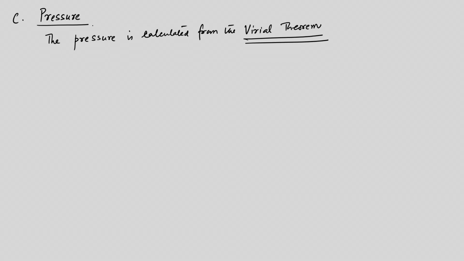One may want to look up, I am simply giving the result. So, it is PV equal to NkT plus 1/3 sum over i from 1 to n, and this last quantity is called the virial. So, this is the virial.